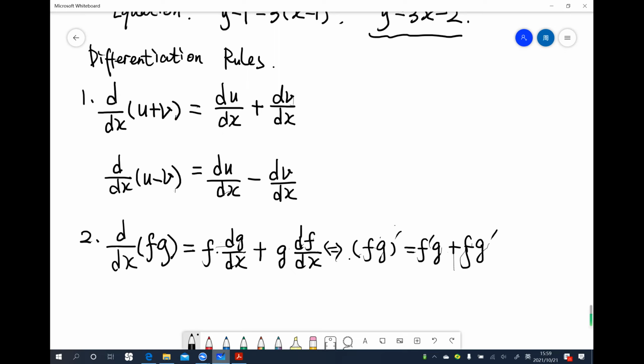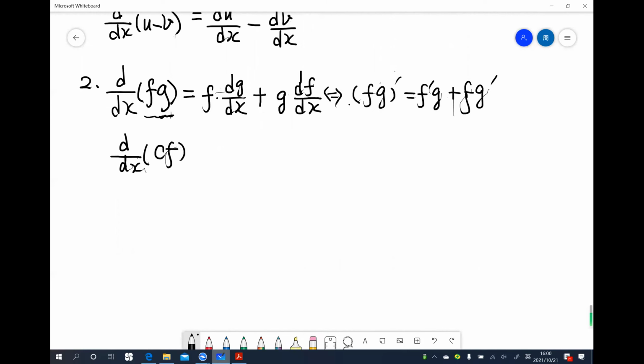And here, there is a special case. If one of the functions is a constant function, for example, if g is a constant function, the formula gives d(Cf)/dx, which equals, follow me guys, C times df/dx plus f times dC/dx.